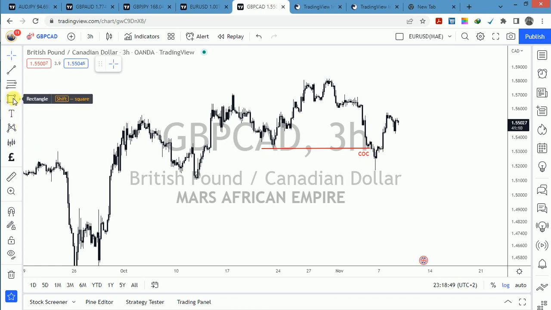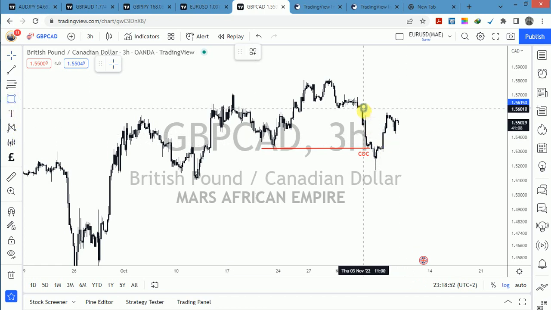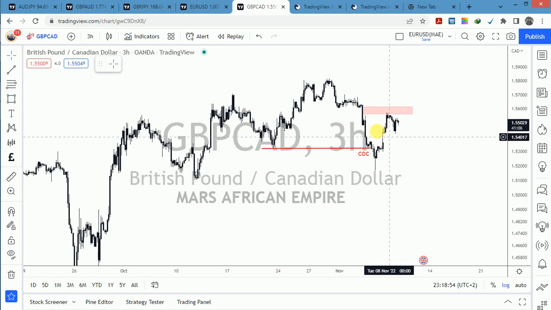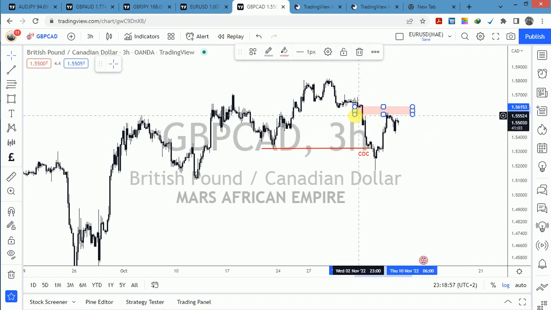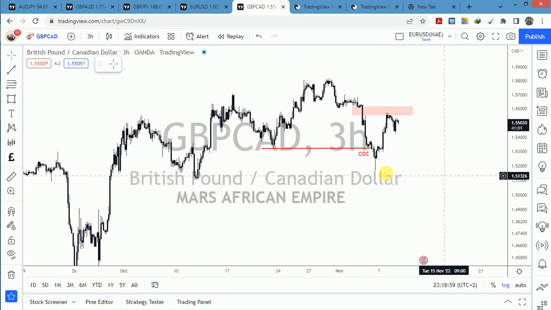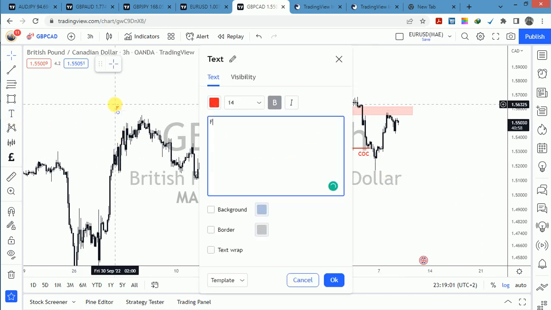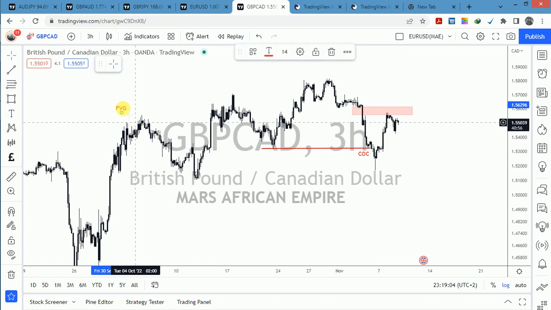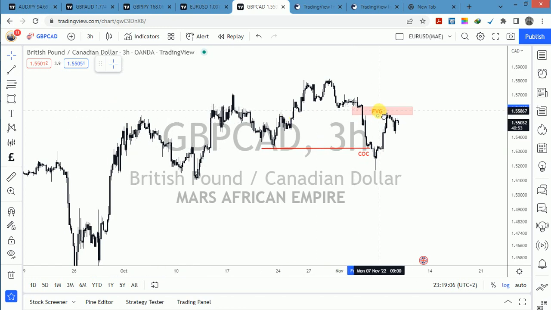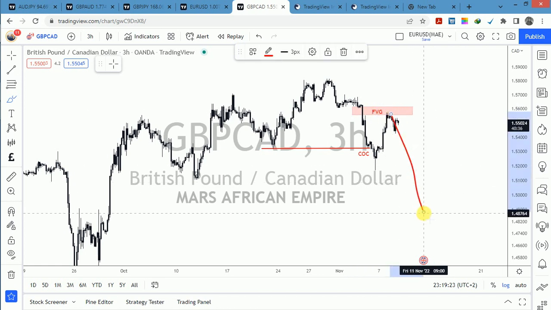The other thing that I can see here is an imbalance, an FVG, fair value gap. We tapped on that fair value gap, so there is a possibility for price to think that it's done with going up and then continue to go down immediately.